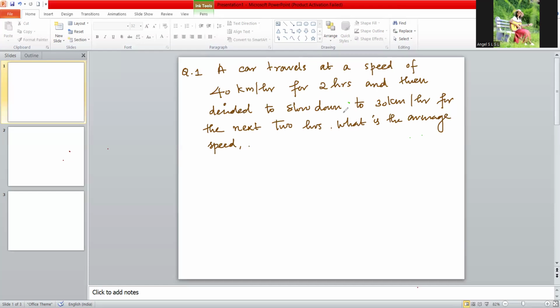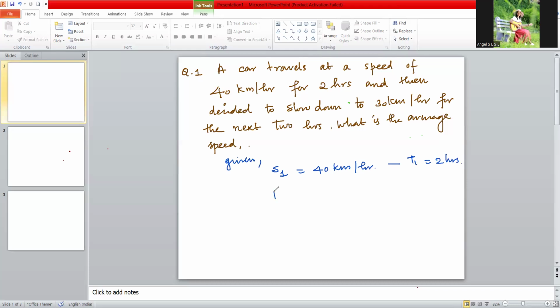So here, what is given? Whenever there is a problem, you have to take down the given quantities, right? Given first, speed one is 40 kilometer per hour, for 2 hours. T1 can be taken as 2 hours, right?